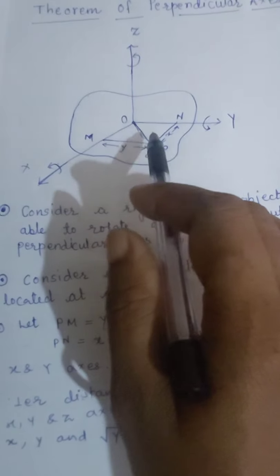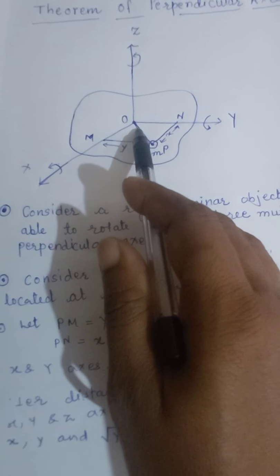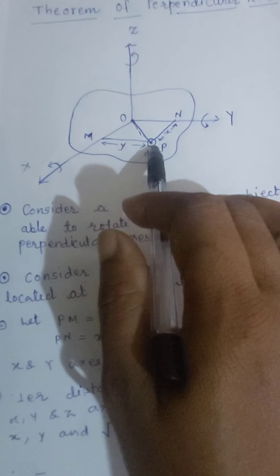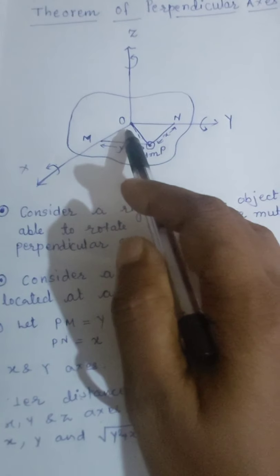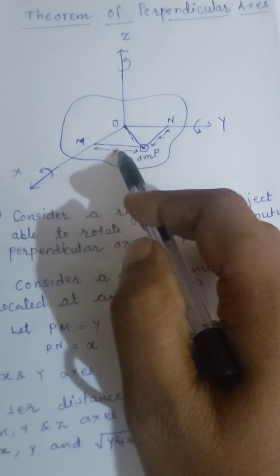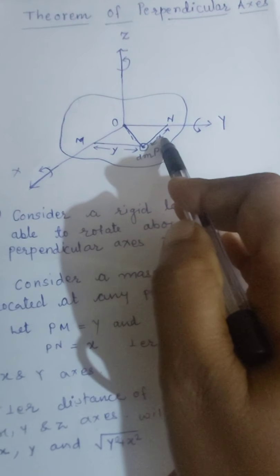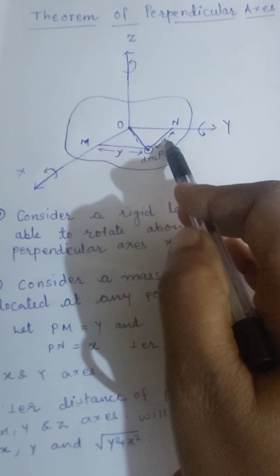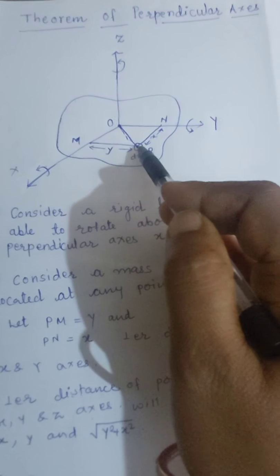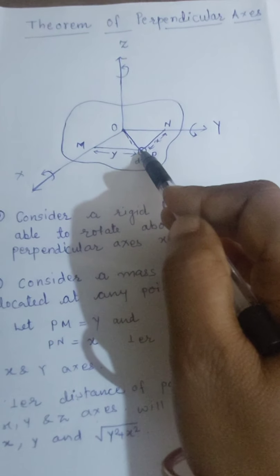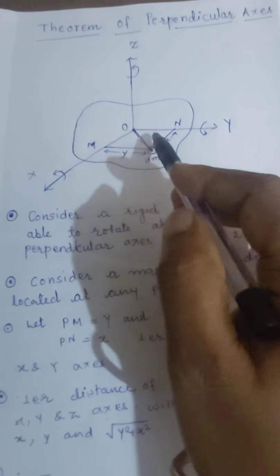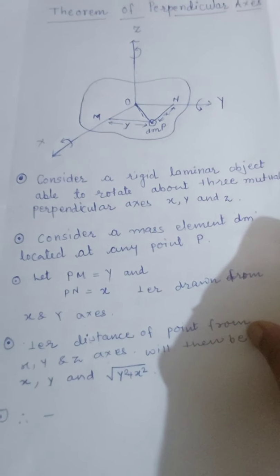The resultant OP, that is the distance from the z axis, is equal to under root x square plus y square, or y square plus x square. So this we have studied already last year. So here we got the distances of the point P from the axes x, y, z, that is x, y, and under root x square plus y square.